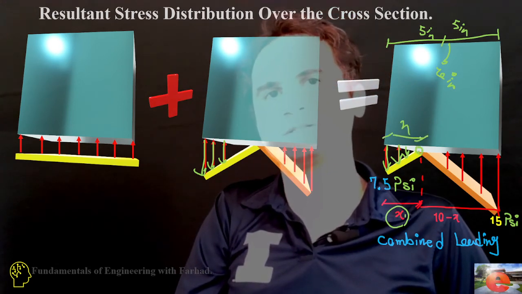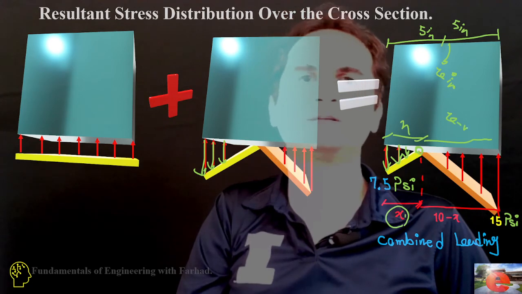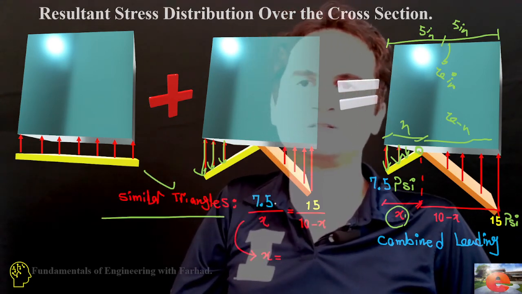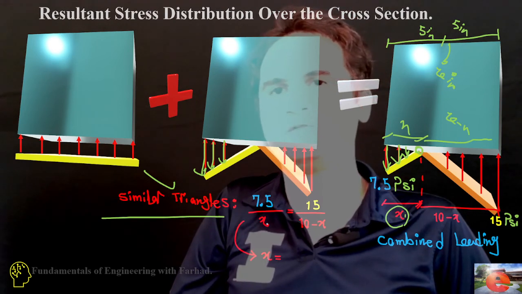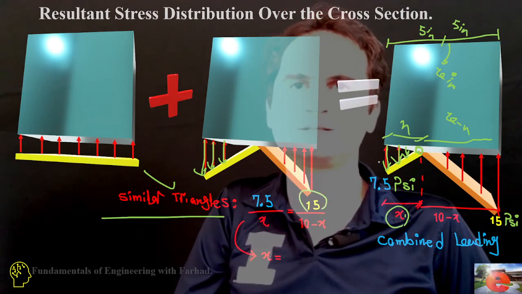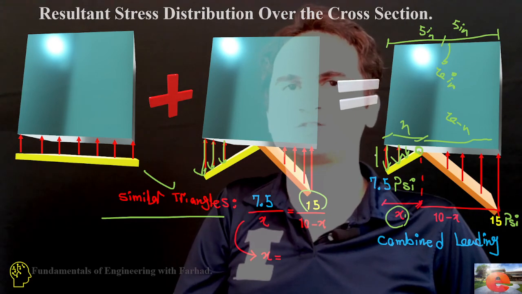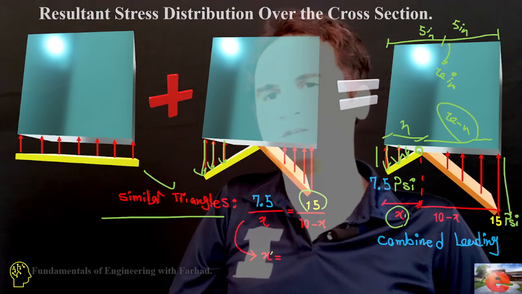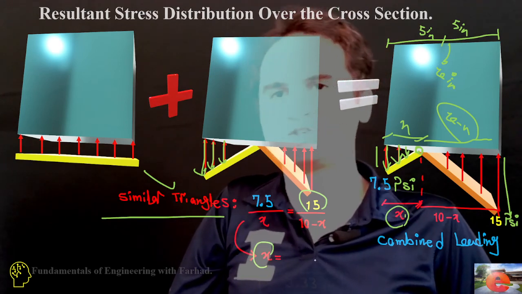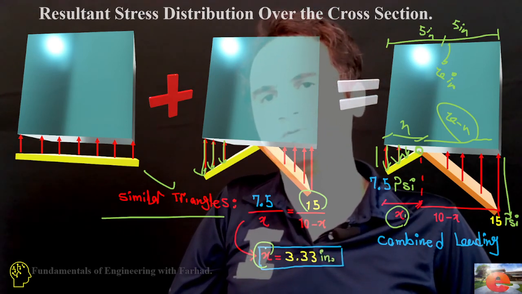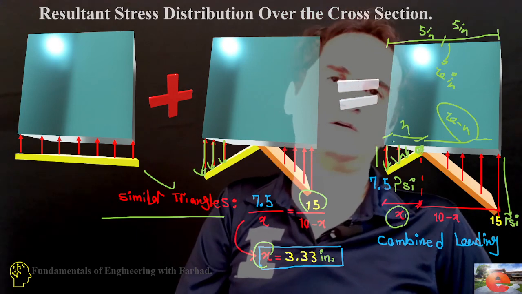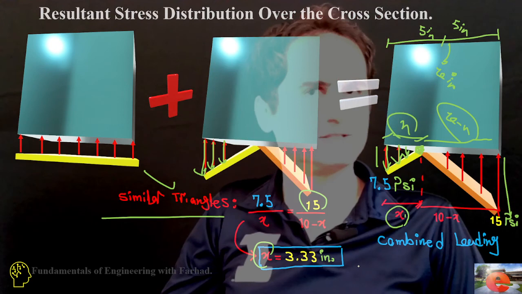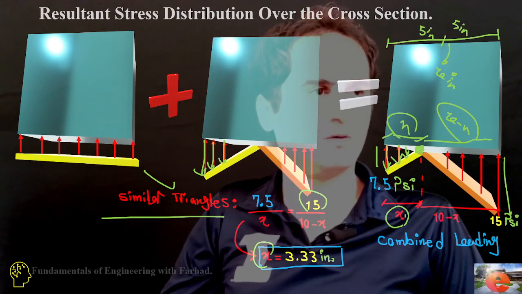Using similar triangles, 7.5 over x equals 15 over 10 minus x, through the ratio of these heights. If you solve that for x, the location is 3.30 inches. We will solve more problems in combined loading. Thank you.